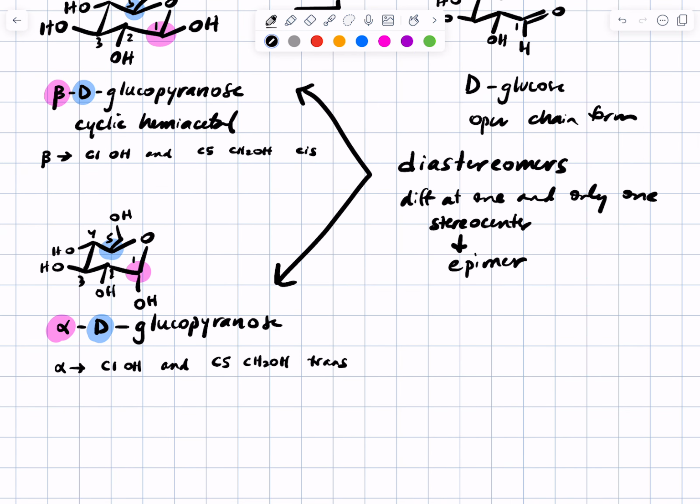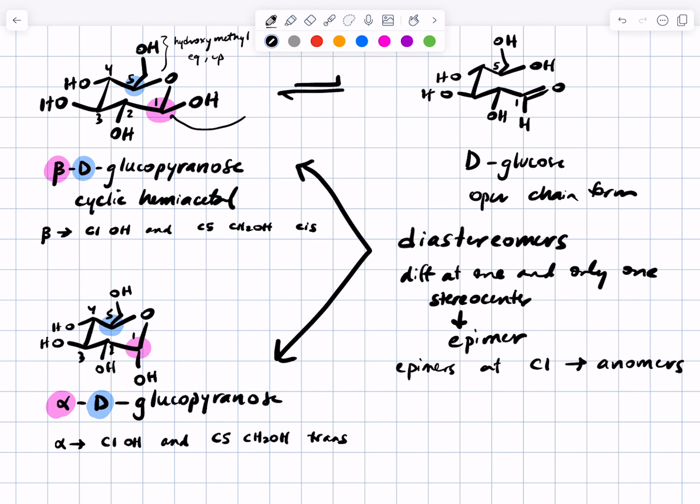And we have a special term for epimers at C1. We will call those anomers. And the carbon, C1, we will call the anomeric carbon. That is the same thing as calling it a hemiacetal carbon. So I will call beta-D-glucopyranose the beta anomer. I will call alpha-D-glucopyranose the alpha anomer. It would also be appropriate to call these C1 epimers of each other, or the alpha epimer or the beta epimer.